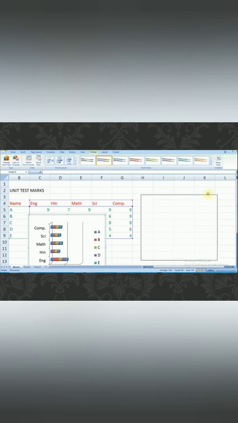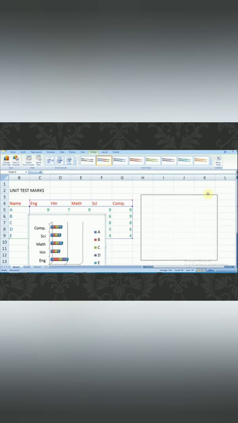You can adjust the size of the chart according to you. Okay. So how can you adjust the size of the chart? For this, you have to press the mouse pointer on the corner of the chart area and drag inside or outside. Okay. So let us adjust it to the proper location.